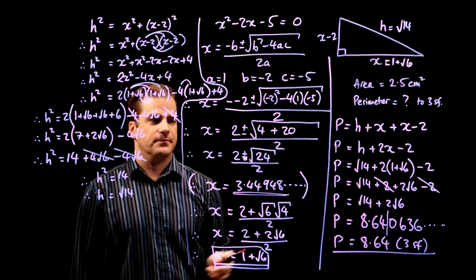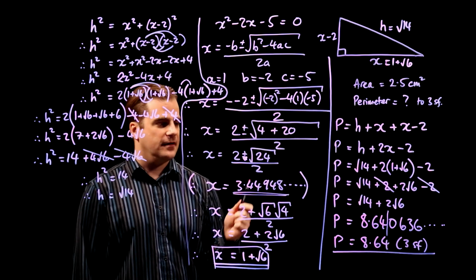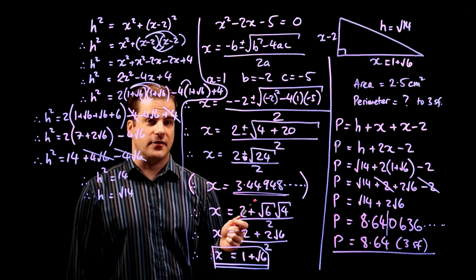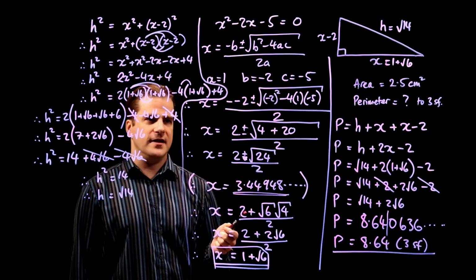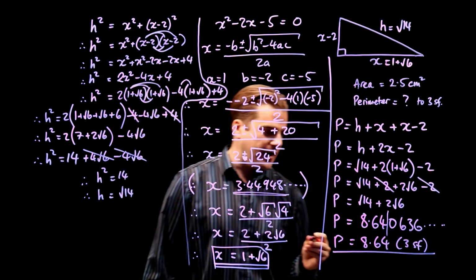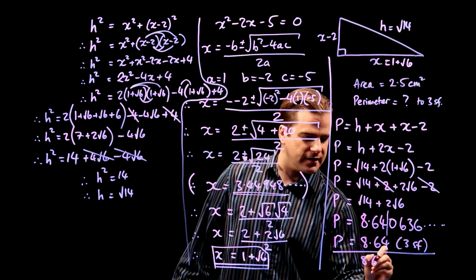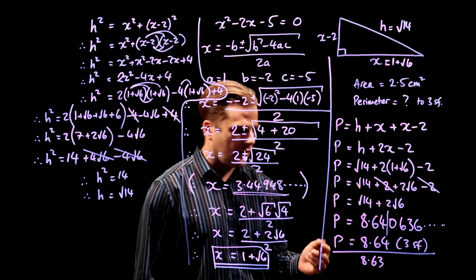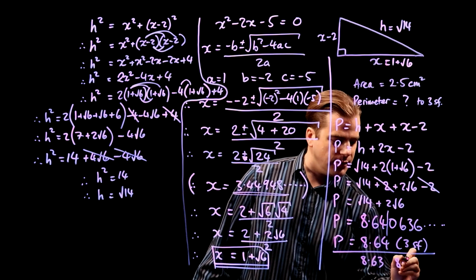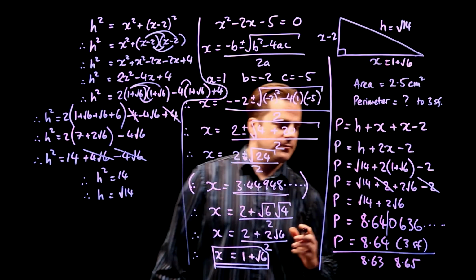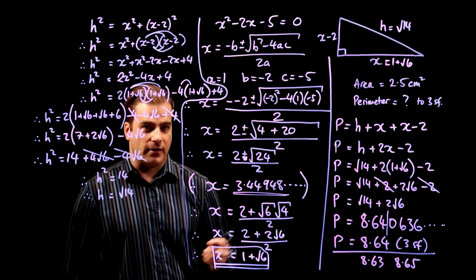So we've done it, but I just want to say, looking at the mark scheme for this exam, for some reason they also accept 8.63 and they would also accept 8.65, which are both wrong.